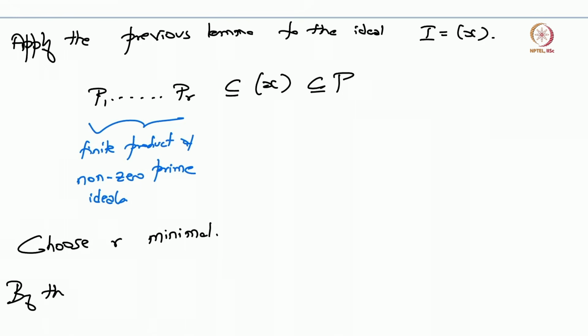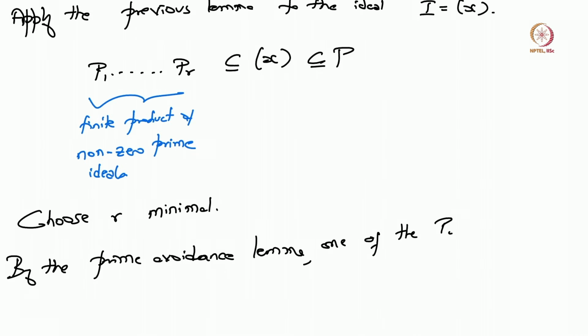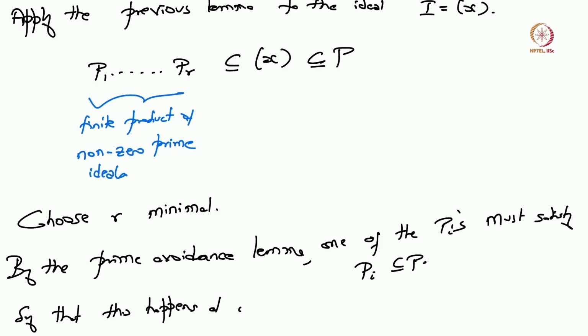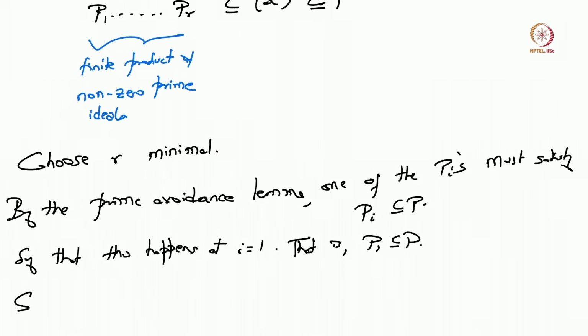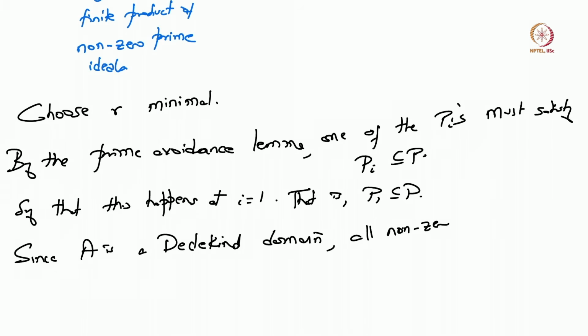Okay. Now by the prime avoidance lemma, one of the Pi's must be contained in P. And say, just without loss of generality, that the first one, so this happens at i equals 1, that is P1 sits inside P. But note that we have to use the hypothesis that A is a Dedekind domain, and since A is a Dedekind domain, all non-zero prime ideals are maximal.